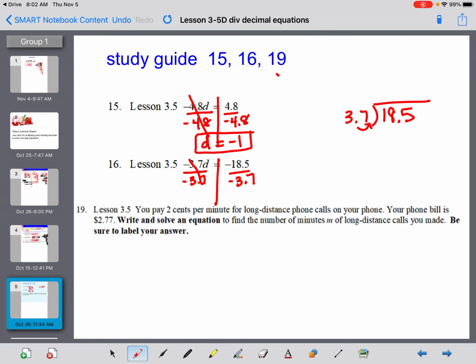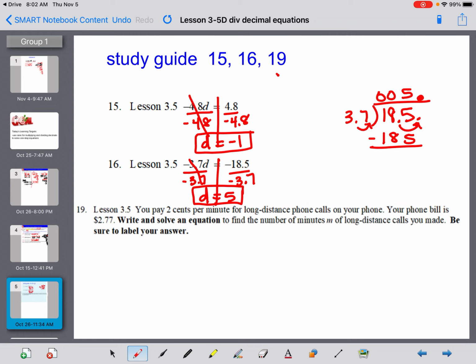I cannot have a decimal in a divisor, so I move it 1 place over, and I place my decimal straight up. 37 does not go into 1. 37 does not go into 18. 37 does go into 185 5 times, and it comes out even. So my answer is D equals 5. And I did a side problem over here.